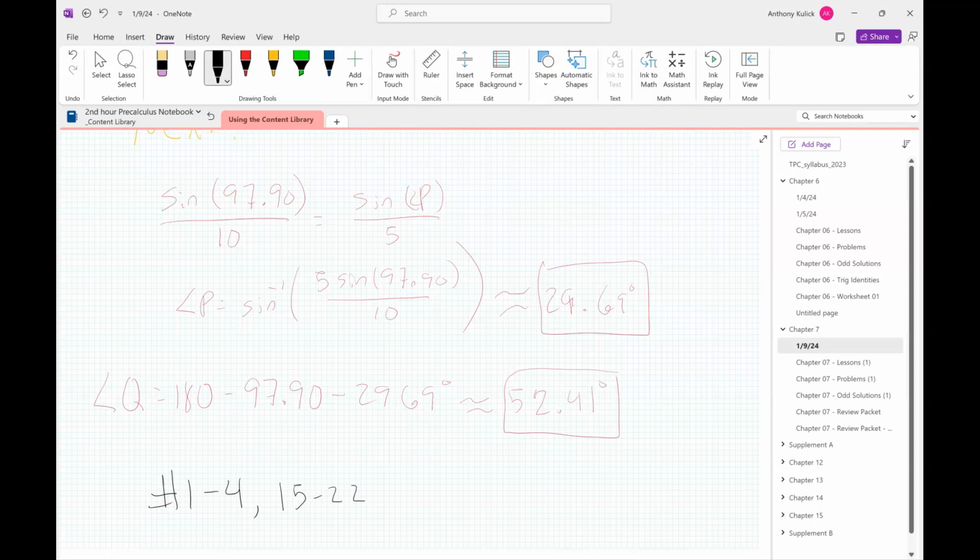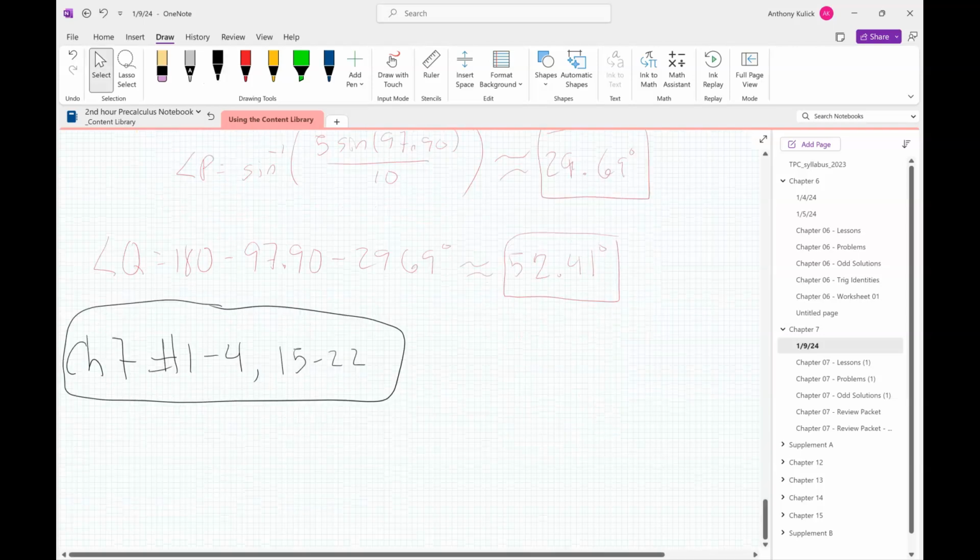So for next time, I'd like you guys to do 1 through 4 and then 15 to 22. That's chapter 7. Yes. And all these are due this Sunday. This would go into Sunday's problem set as well, because we'll meet again on Thursday to talk about these ones. What we do on Thursday would go into the following week's problem set. All right.